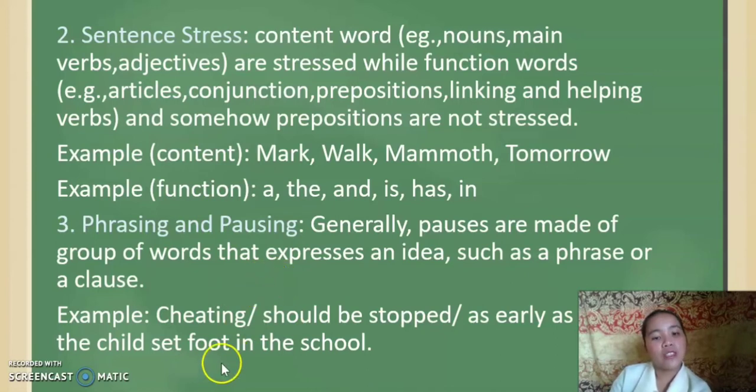So there's an idea, so pause. Should be stopped, pause. As early as the child sets foot in the school. Okay, so you have pauses as well. You will know when to pause or what phrase you have to pause for a while. Okay, so that's the third thing you have to remember when reading aloud.